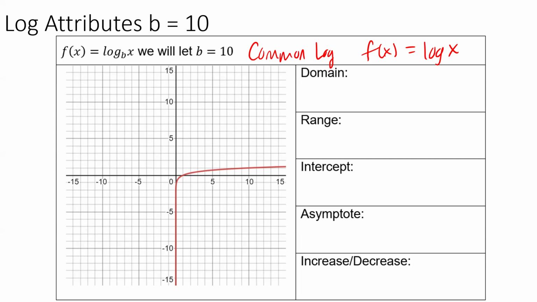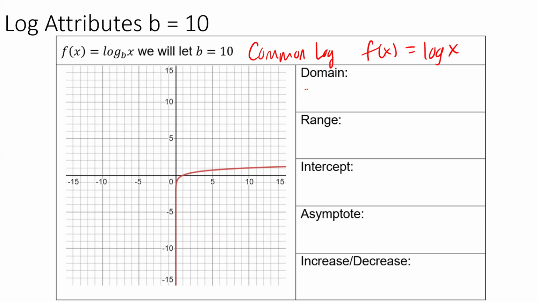The common log means that your b is automatically 10. So what do you notice about the attributes of the common log? They are the same. Oh my gosh, they're exactly the same.